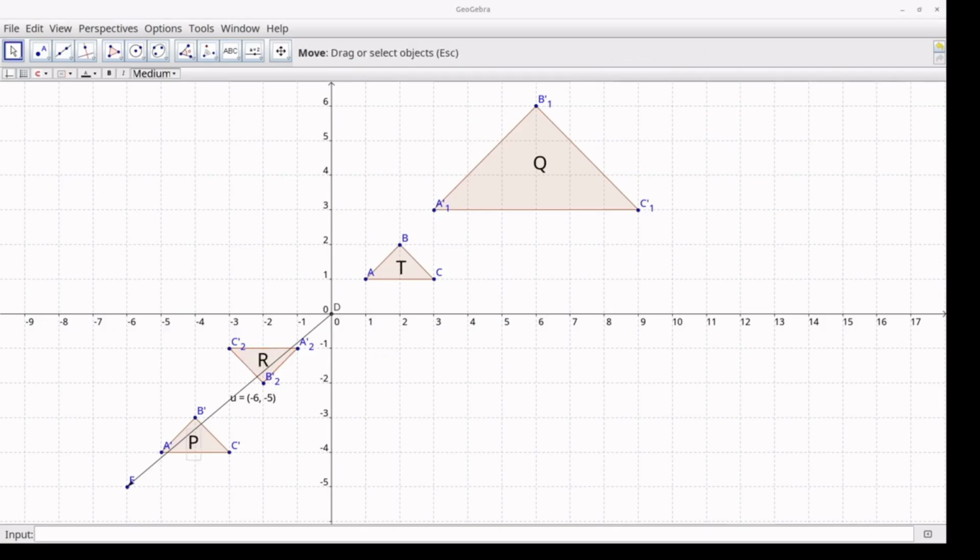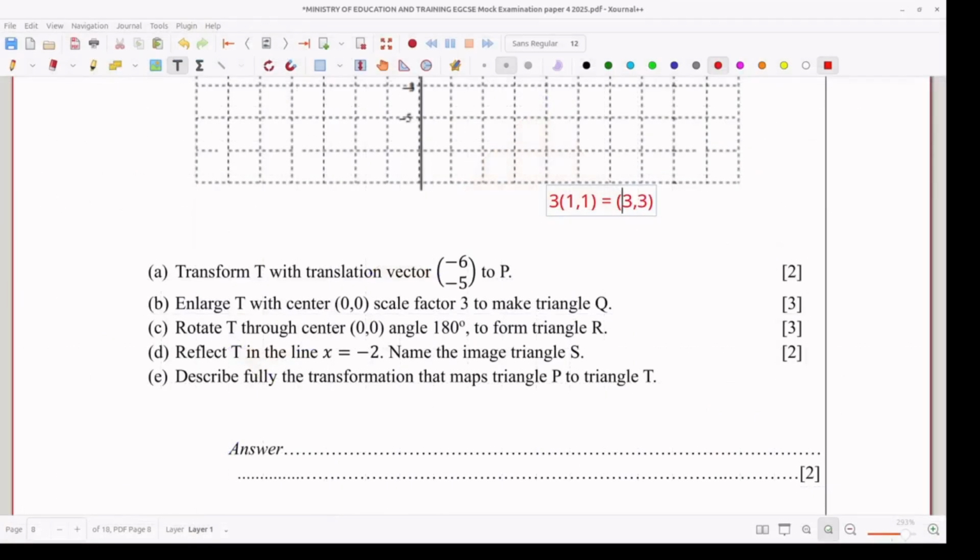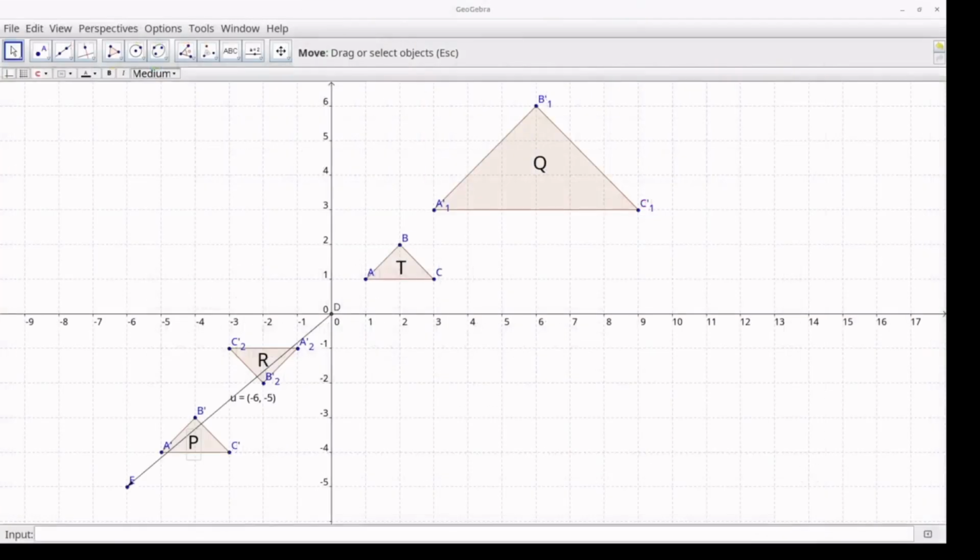And then now we need to reflect T. That's part D: reflect T in the line x equals -2. Name your image S. Let's go to reflect T along the line x equals -2. First of all, I'm going to draw the line x = -2, and then reflect.